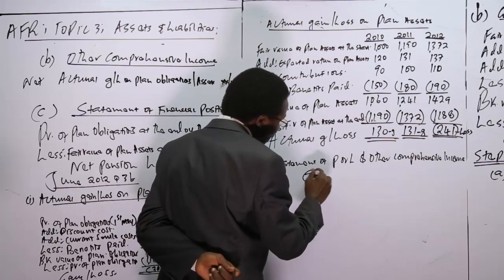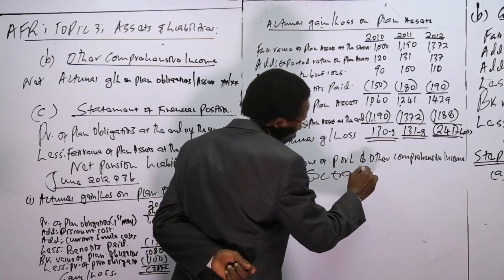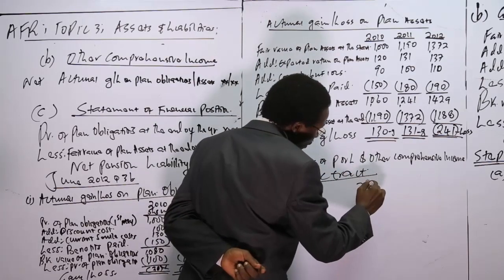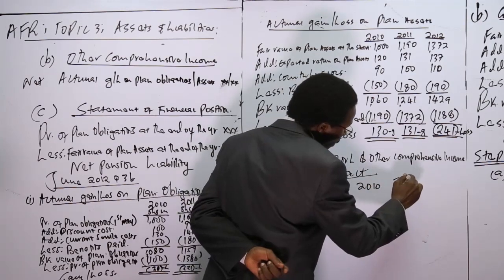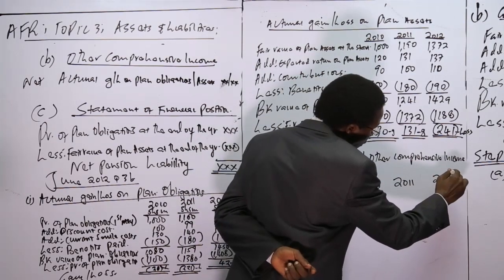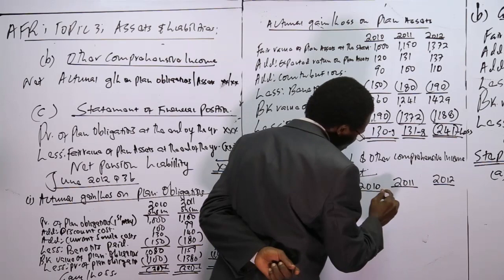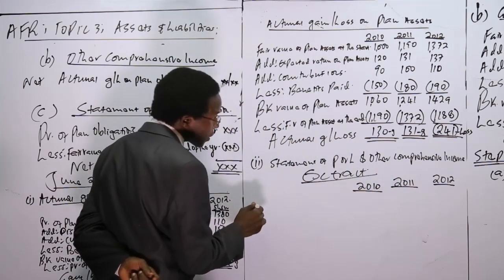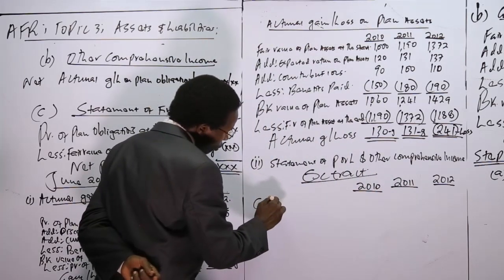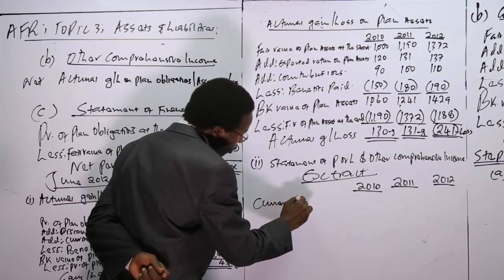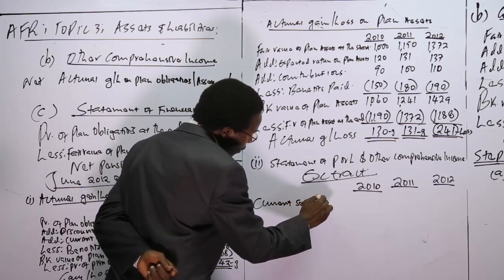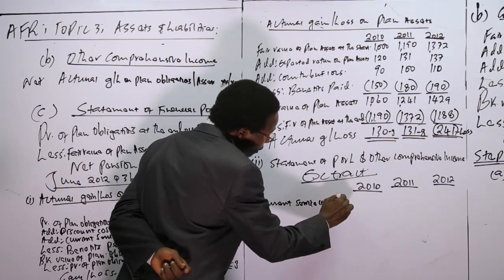We are looking at the extract. So this is 2010, 2011, 2012. Being an extract, we are going to start with the current service costs. Current service costs. This is an admin expense.